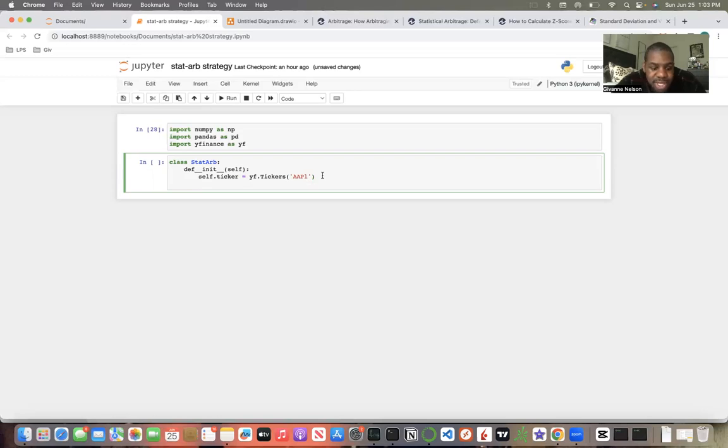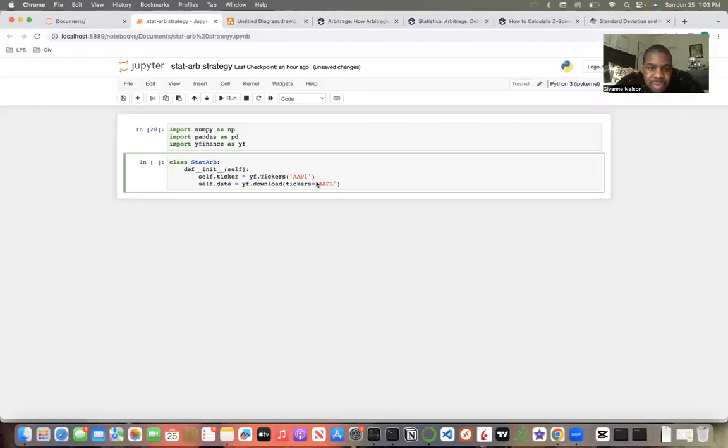Next, we need to do self.data because we're going to now get data on Apple stock. yf.download, tickers equals, put this in brackets.